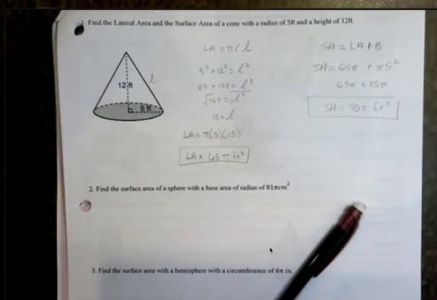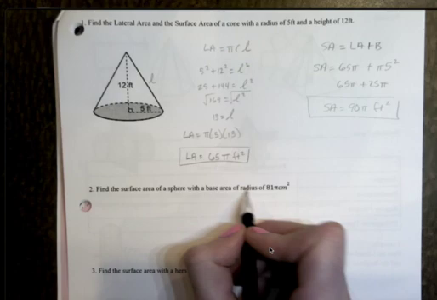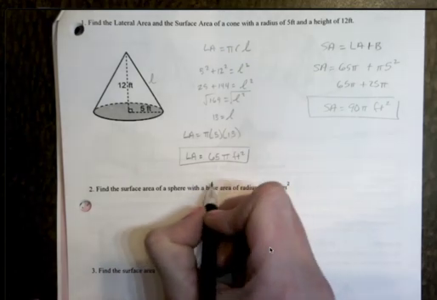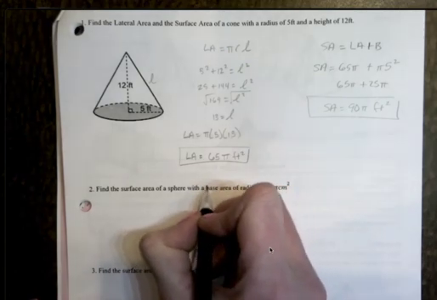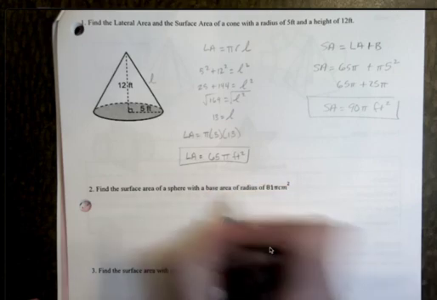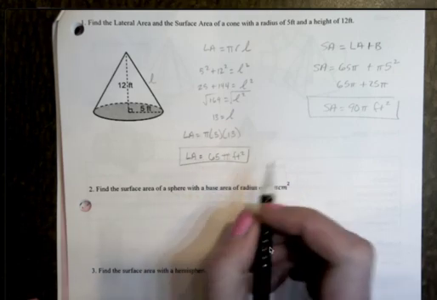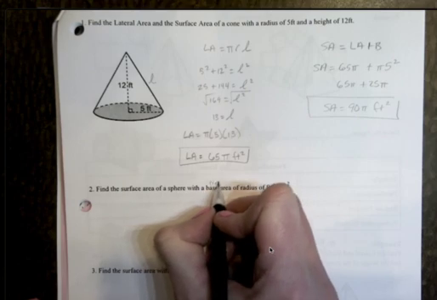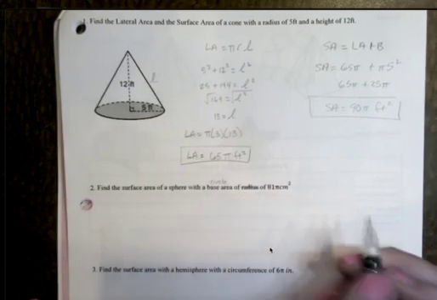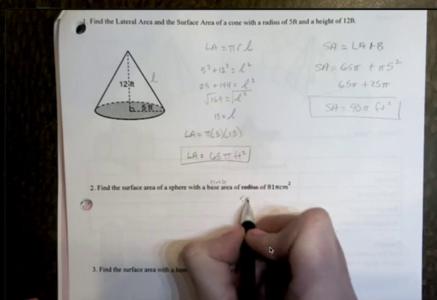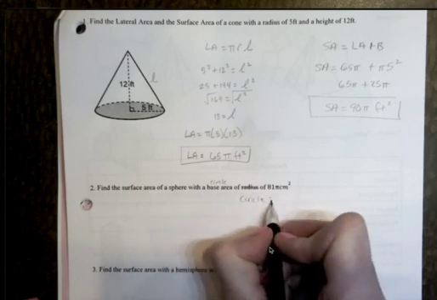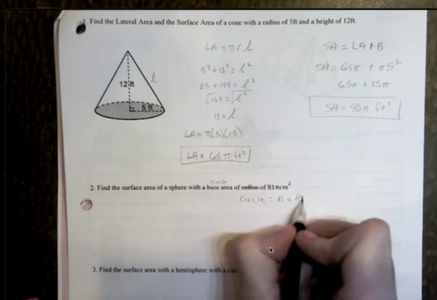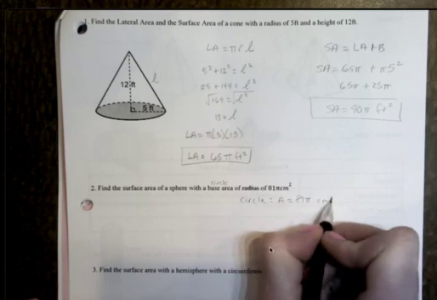Okay, so continuing on, you guys, there is a typo there. This is kind of confusing, but what they want us to do here is the base area is a circle, and the rest is kind of irrelevant. So we have a circle whose area is 81 pi square centimeters.